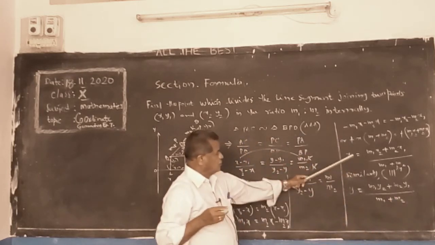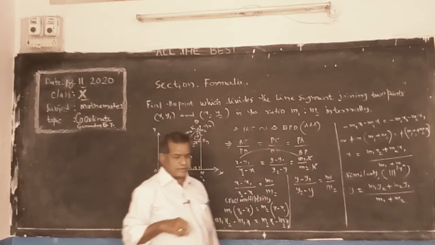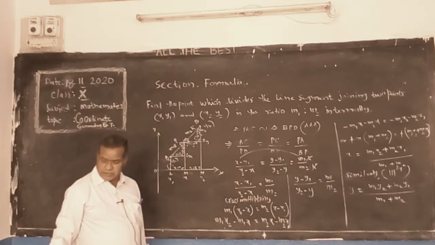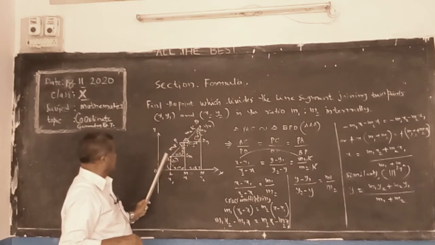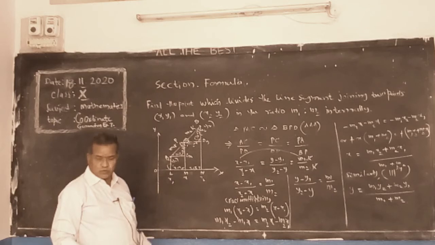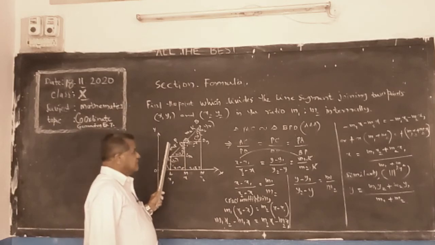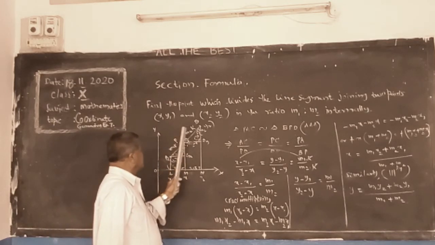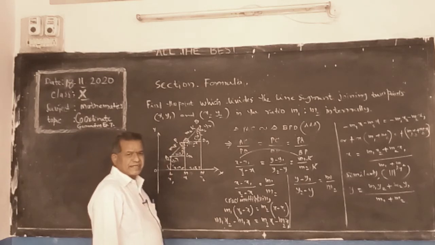So this is the x coordinate, and this is the y coordinate. This is the point which divides the line segment joining the two points in the ratio m1 is to m2 internally.